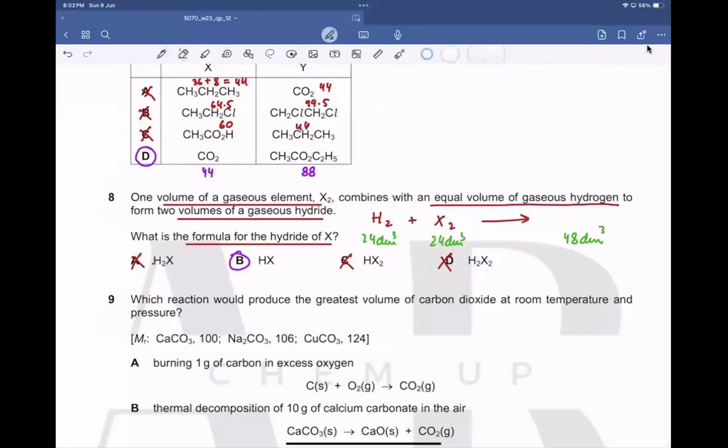Okay. So if I convert it into moles, I know that 24 decimeter cube is 1 mole and 48 decimeter cube is 2 moles. Is this clear to all of you? So now you have to figure out the formula.